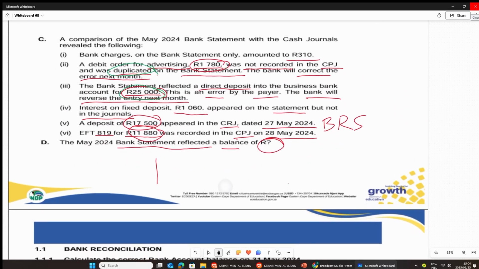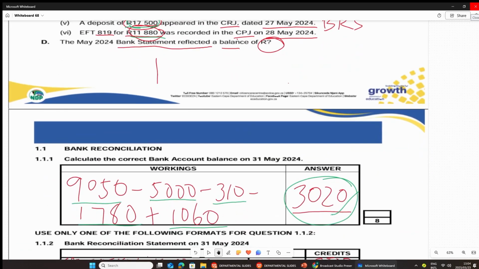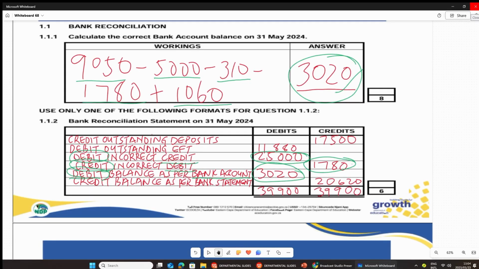Then we continue going forward. There were also these 2 outstanding EFTs and deposits that must also be recorded. The 17,500 rand here is the outstanding deposit. Then that amount we will record in our bank reconciliation right here as a 17,500 rand credit, outstanding deposits. And then the last one that was outstanding was the EFT.